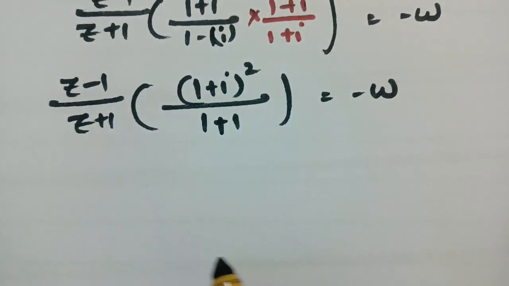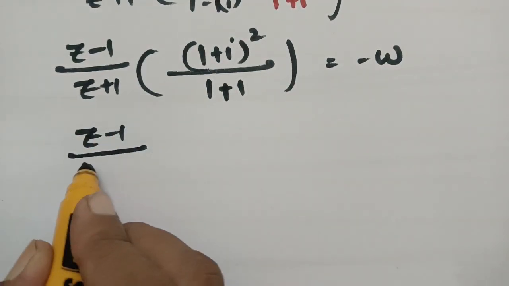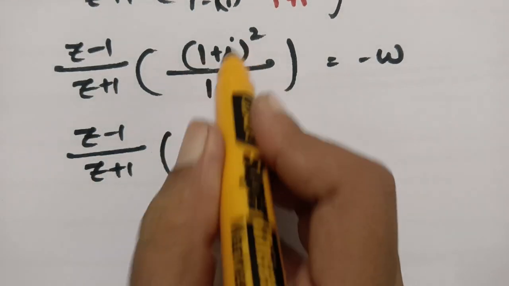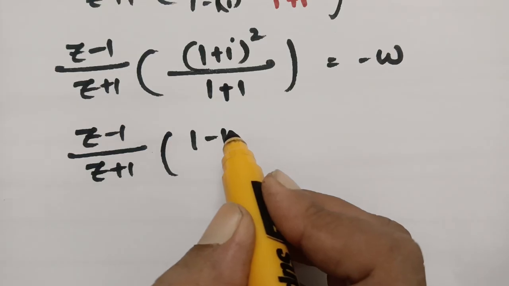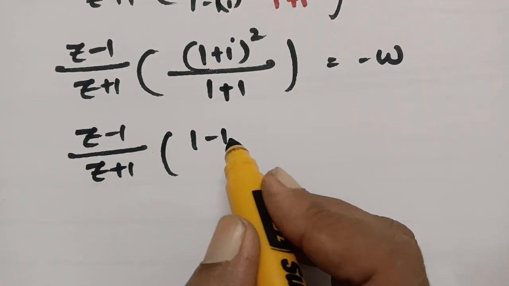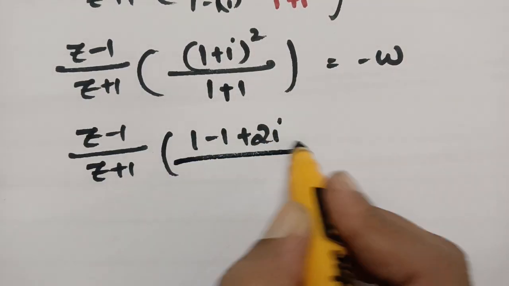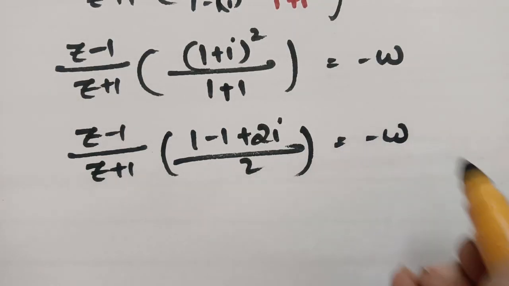This is the i value. And see, this is (a plus b) whole square. So this is z minus 1 and this is z plus 1. If I expand this one, a square, minus 1, plus i square, which is equal to minus 1, and this is plus 2i by 2, which is equal to minus w.